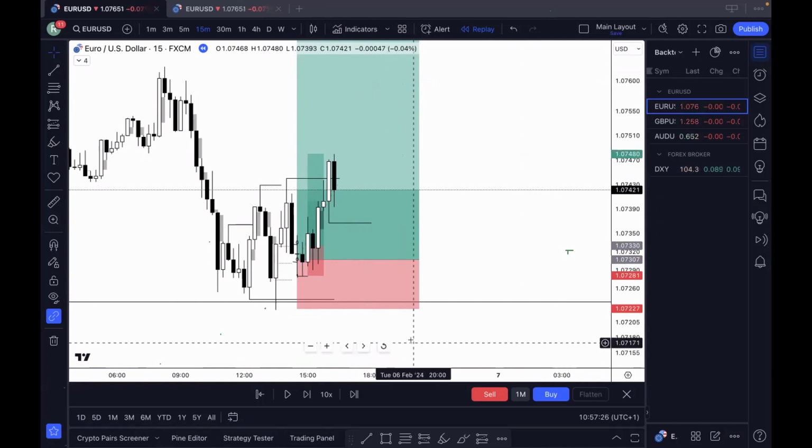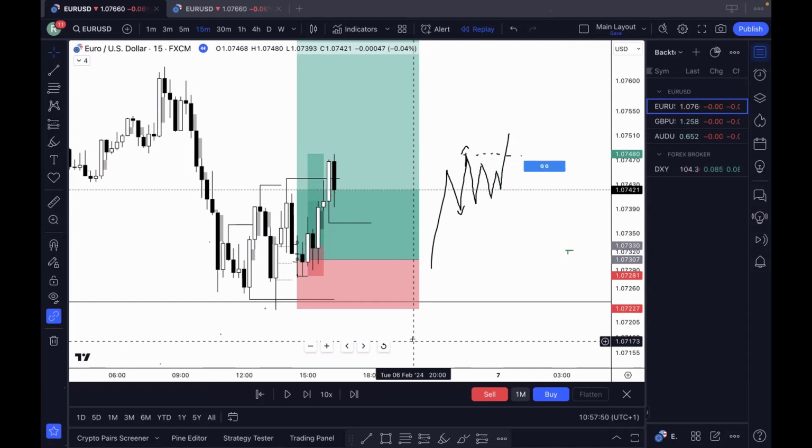The only time I use it is when this is what I call consolidation mitigation. Instead of an MSU like this, price just goes, then starts a consolidation. Let's say it does something like this. This is our low, this is our high, and then price will create something like this. So you have a consolidation high, inside of that you have another consolidation and another one.